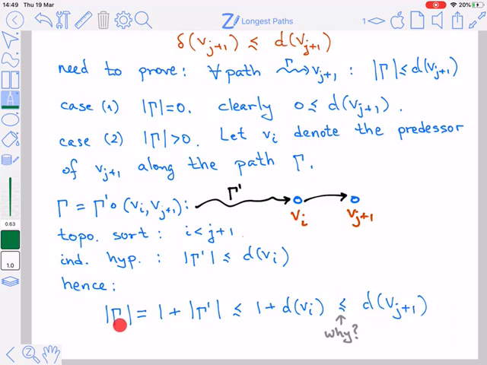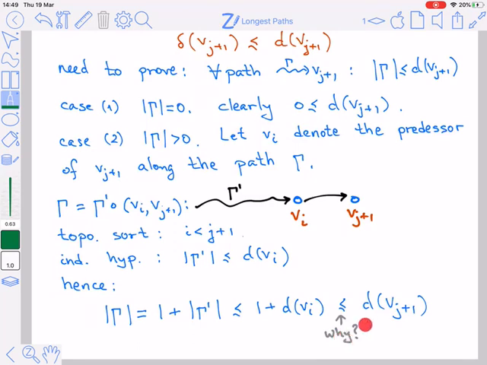Now we put things together. The length of gamma equals the length of gamma prime plus 1 because gamma prime plus this edge is in fact gamma. Now, the induction hypothesis applied to gamma prime tells us that it is less than or equal to d of Vi. And d of Vi plus 1 is less than or equal to d of Vj plus 1. Why is this?